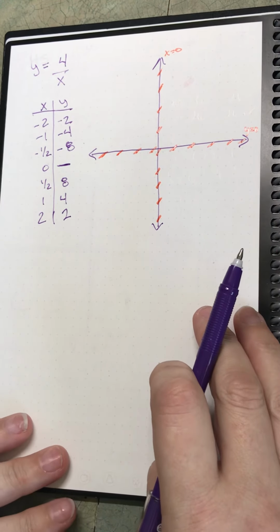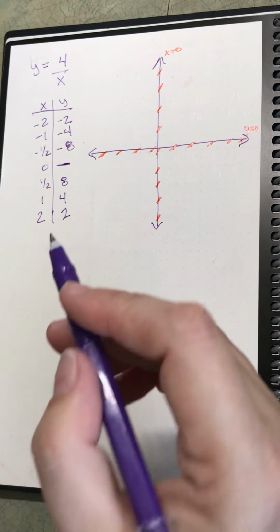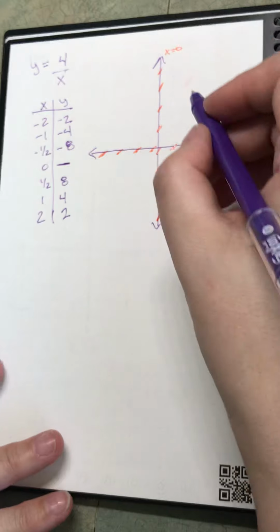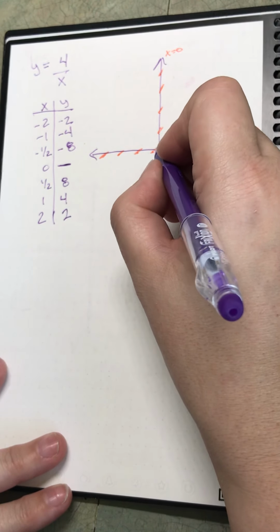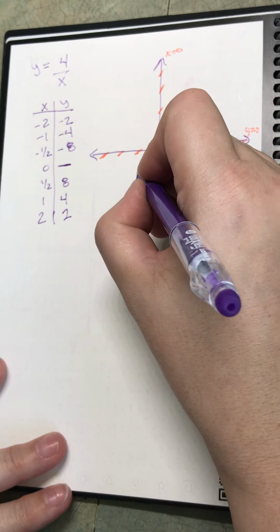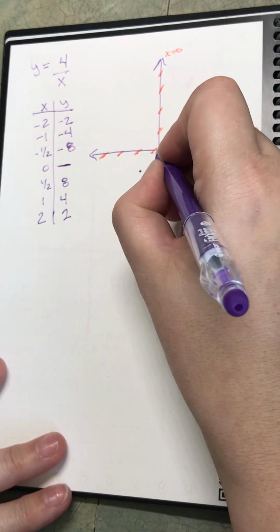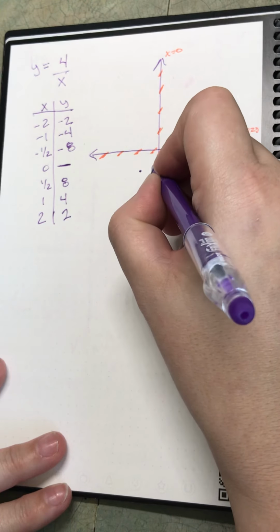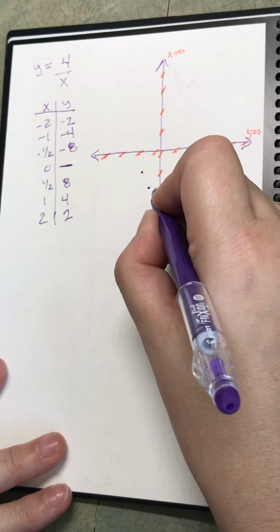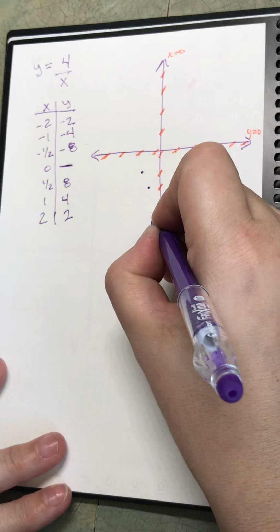And it's always a good idea to just sketch those in and label them so we remember that they're there. And then I have a point at -2, -2, -1, -4, and -1/2, -8.